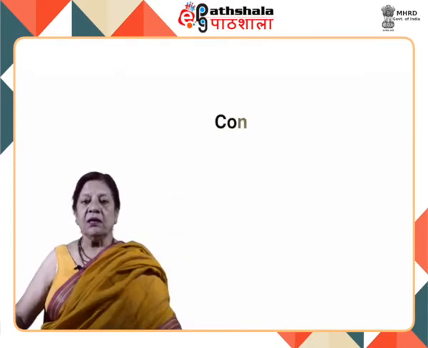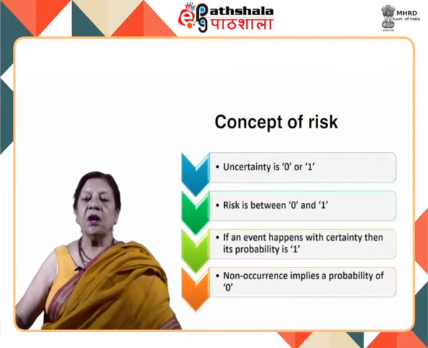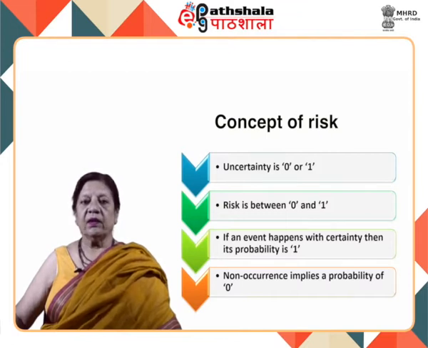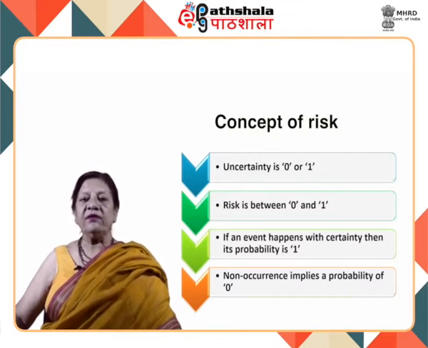Let us now discuss the concept of risk. Uncertainty is 0 or 1. Risk is between 0 and 1. If an event happens with certainty, then its probability is 1.